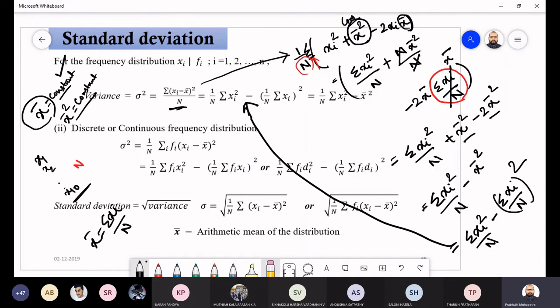If xi is given, then there is no need to calculate the x bar, no need to calculate the deviation, and again no need to take the square. You just take the sum of xi square by n, then calculate sum of xi by n and take the whole square. All these things are the same, that is what we have written here.